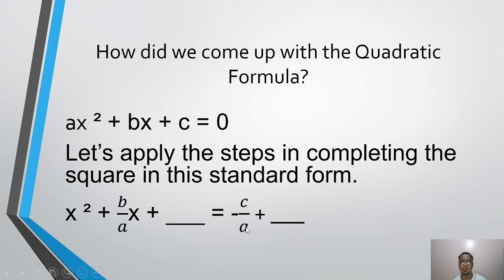Now, kung napansin nyo rito, negative na po yung ating c over a kasi mula dito, tumawid siya ng equal sign papunta sa kabila. So, yung taglay niyang sign, mababago. At kagaya po nung dun sa previous video natin, after nung ating linear term, plus tayo, and then space. Okay?